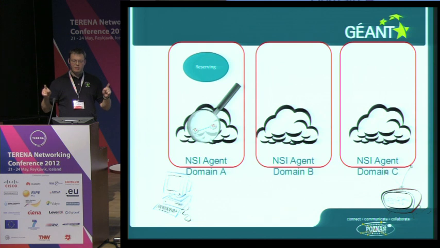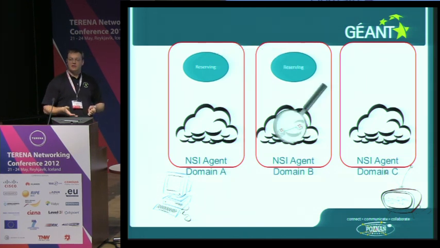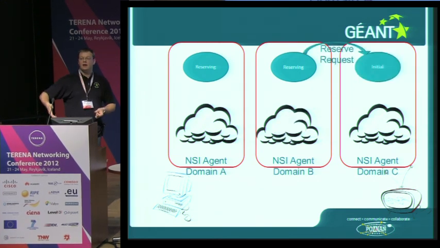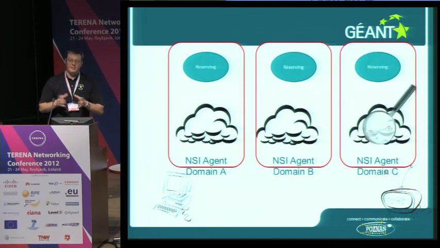We call this thing a segment. If he finds a way to provide those resources, he forwards the request to another domain. The other domain does exactly the same, just to confirm that the resources are there. If it's fine, then the request is forwarded to another domain. And the last domain does exactly the same thing.